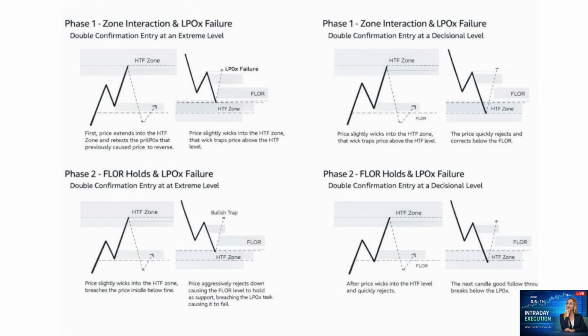Now let's take a look at the flip side, looking at demand entries at decisional levels for continuation entries. Similarly, we're seeing the market putting in higher highs and higher lows.